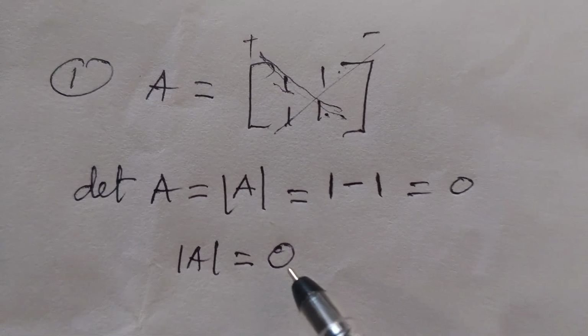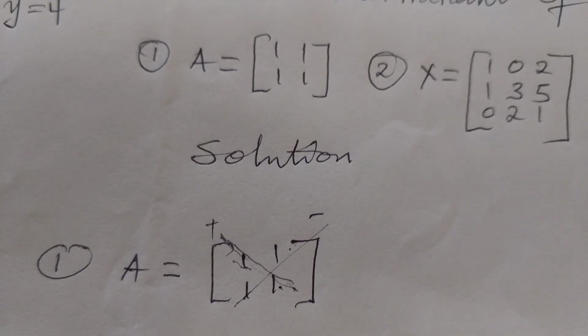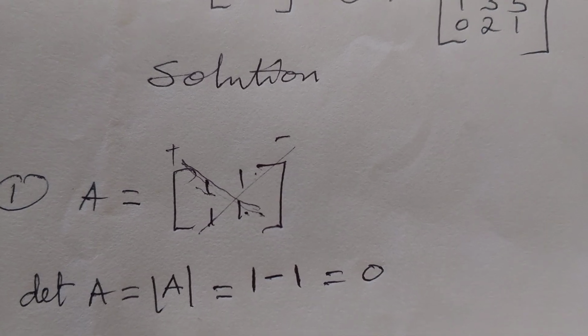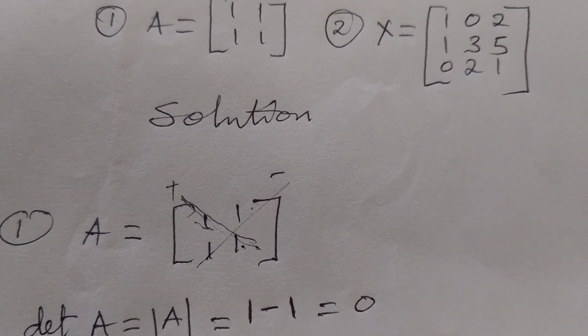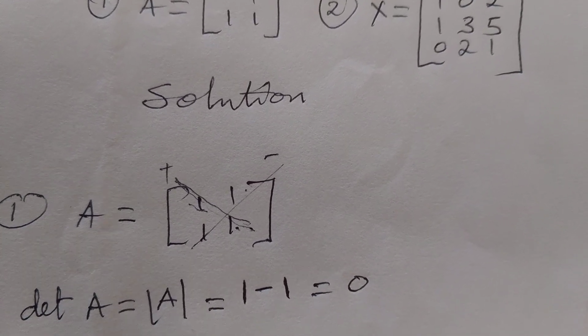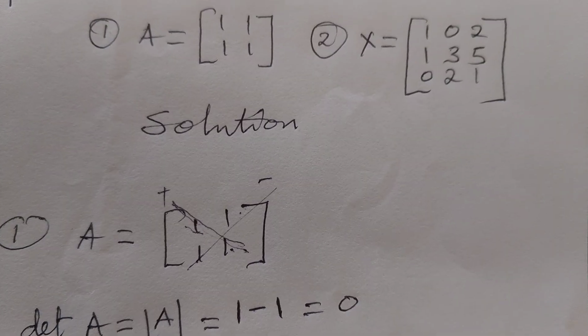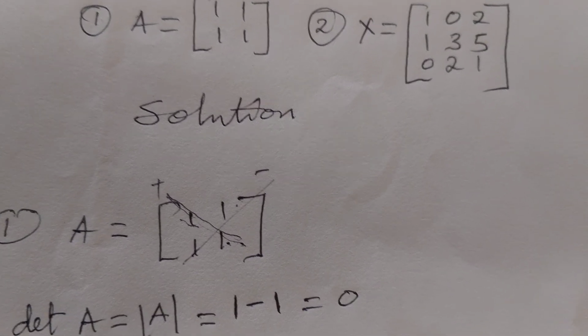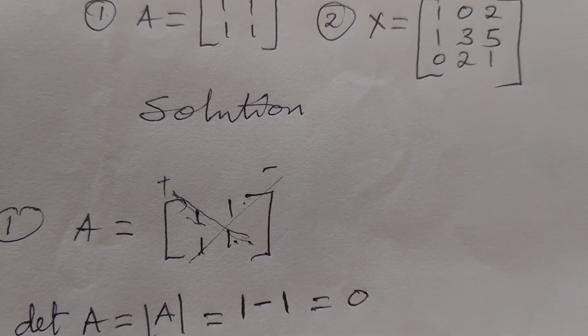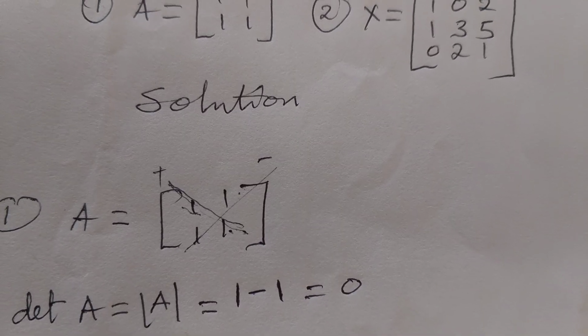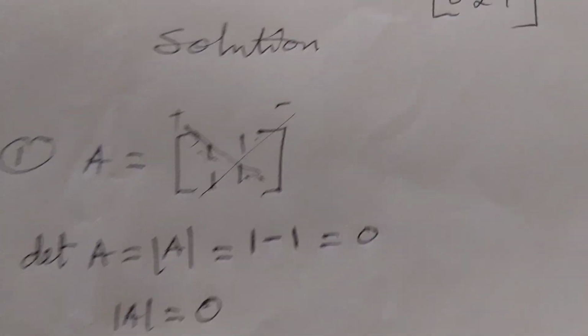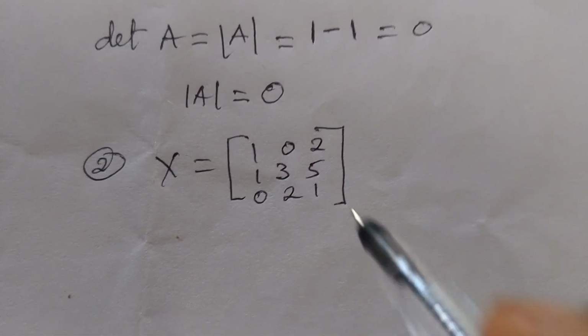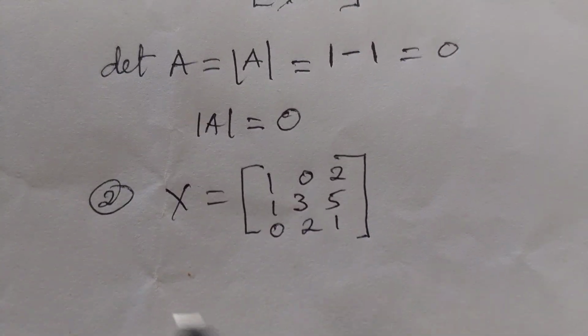So let's solve the second one, which is number 2, where X is the matrix 1 1 2, 0 3 5, 0 2 1. This is a 3 by 3 matrix.